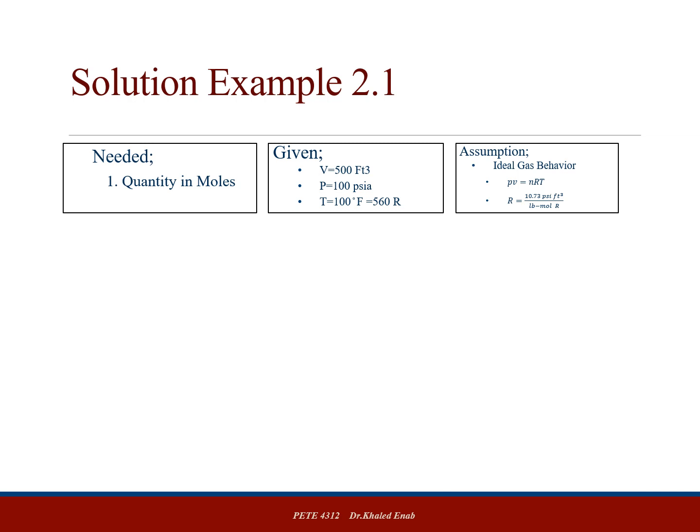And why did I convert to Rankine? Because I'll be using the 10.73 gas constant. What are my assumptions? I assume that my gas is behaving ideally. So I have ideal gas behavior. In this case, PV equals nRT. R equals 10.73 psi cubic feet divided by pound mole times Rankine.